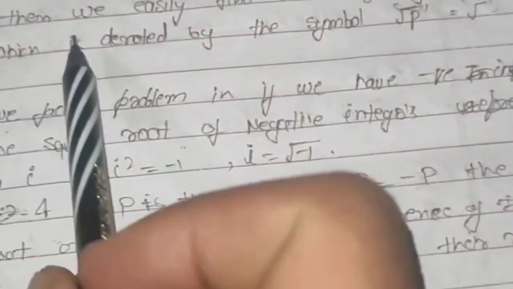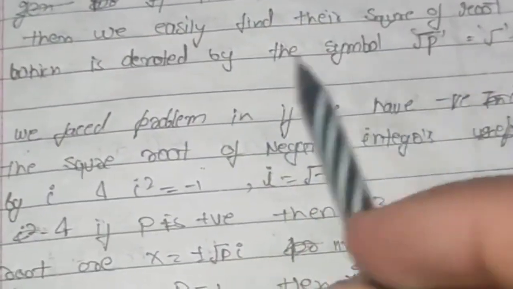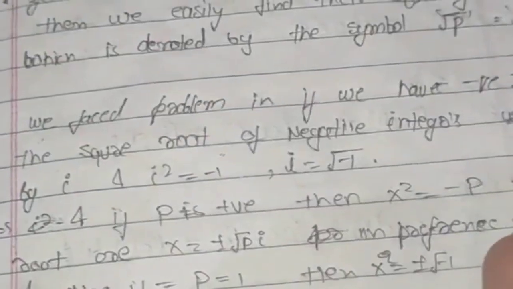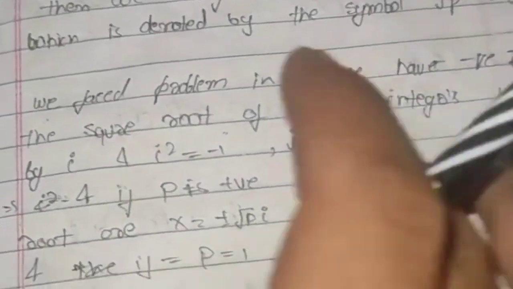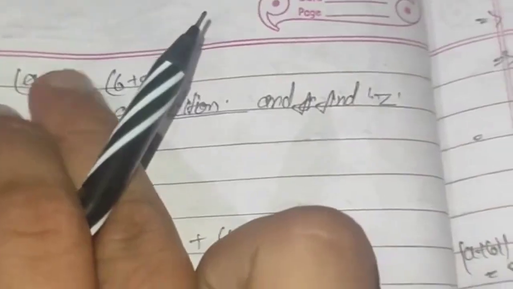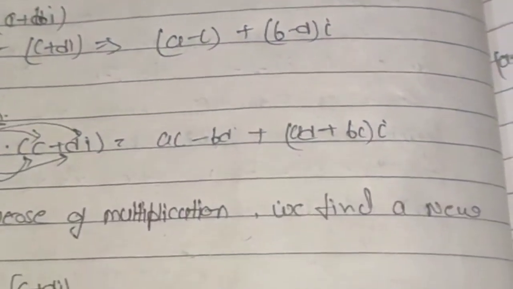Here the note, we just talked about if p is positive, then the square root of this is this, and we faced a problem with a negative number, and this is the main thing we talked about. These are the complex numbers we just talked about, with addition, multiplication and division.